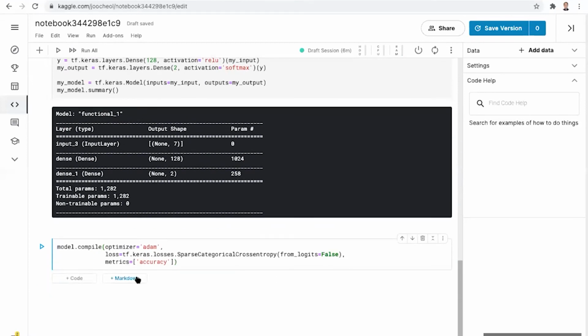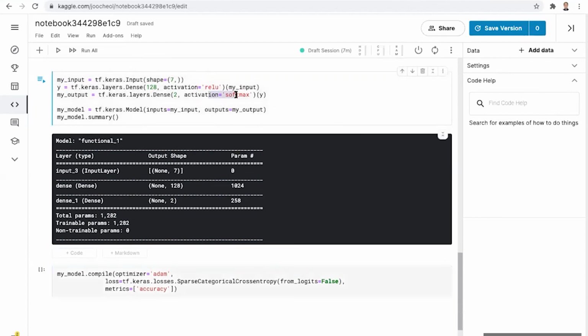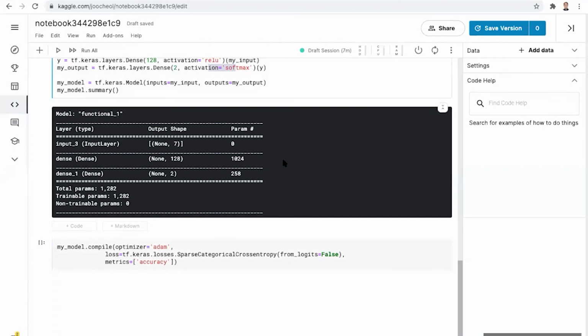So instead of the model, I need to say this is my model, because I named it my_model.compile. Optimizer is Adam, loss is tf.keras.losses.SparseCategoricalCrossentropy, and from_logits, no, because I already applied the softmax activation, so it is already changed to the probability. So from_logits is false, and I'm gonna add accuracy as my metric.